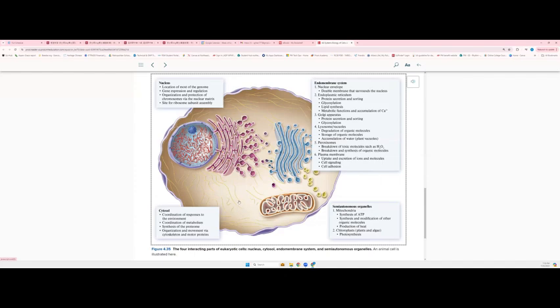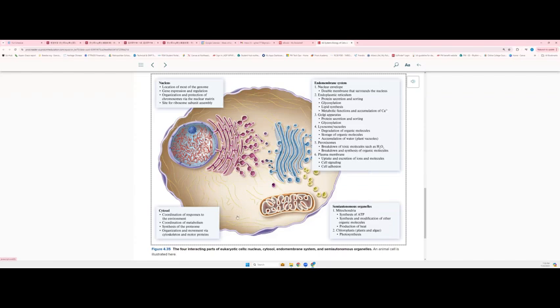Then this is the third part, the cytosol. This is the cytosol. It coordinates the response to the environment. For example, if some molecule goes through the cell membrane and enters the cell, the cell has to respond to this new outside molecule.